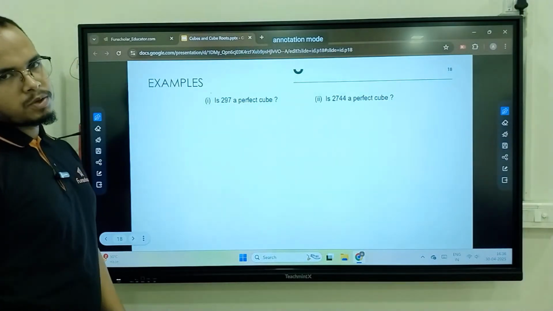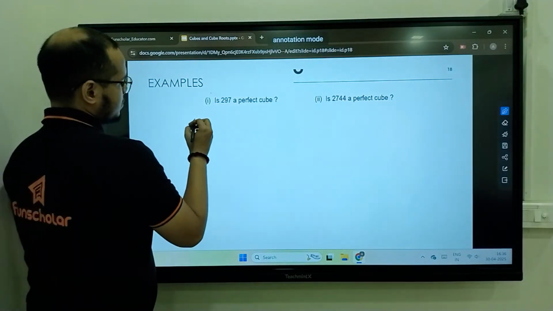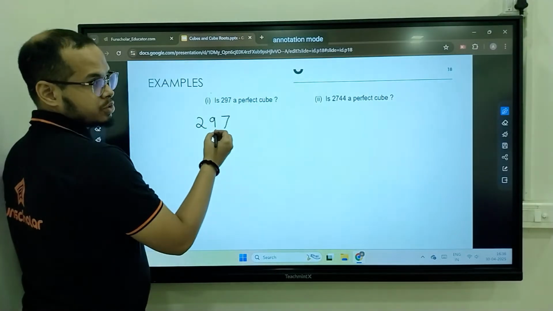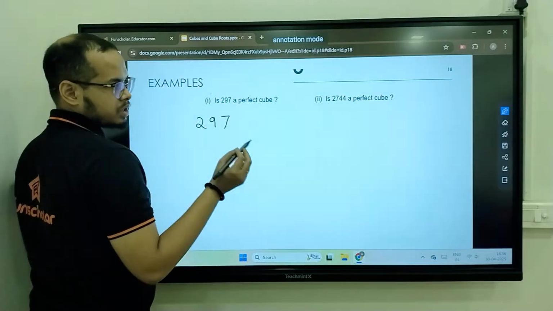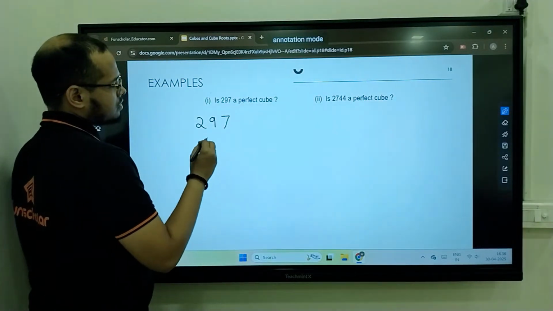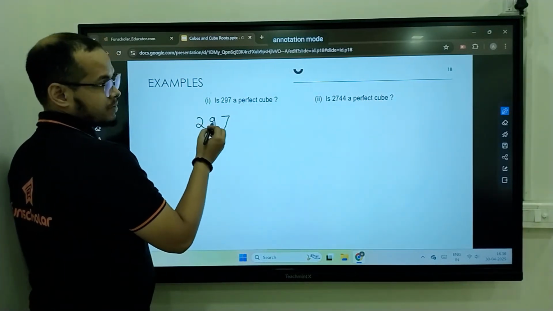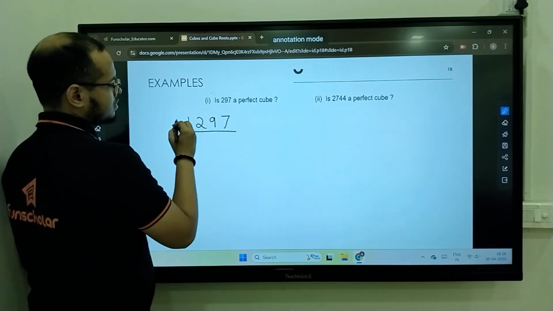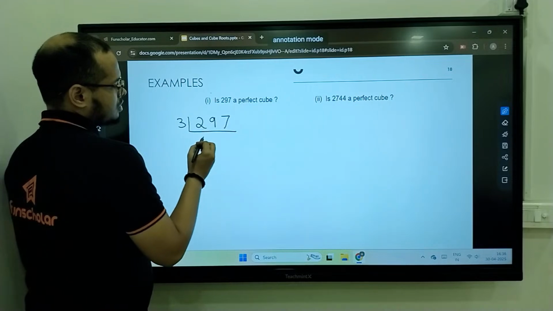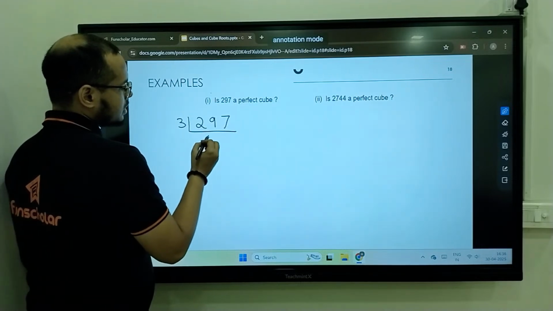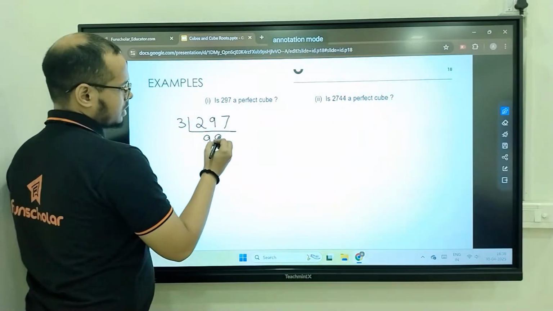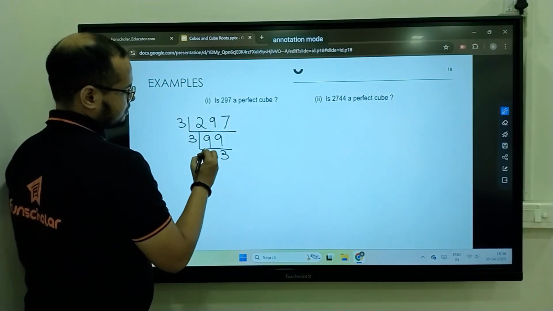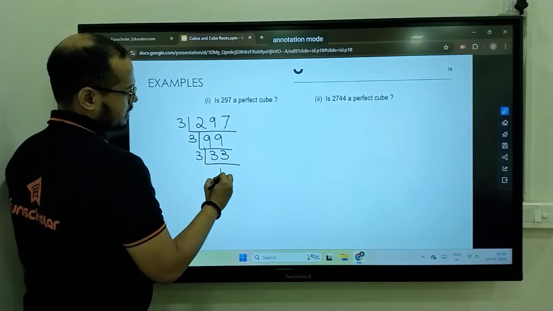Is 297 a perfect cube or not? Let's see. Writing here 297. The unit digit is not even, so it is not divisible by 2. Let's try 3. 9 plus 2 is 11, 11 plus 7 is 18, so it is divisible by 3. 3 nines are 27. Again 9, 3 threes, 33, 3 elevens.